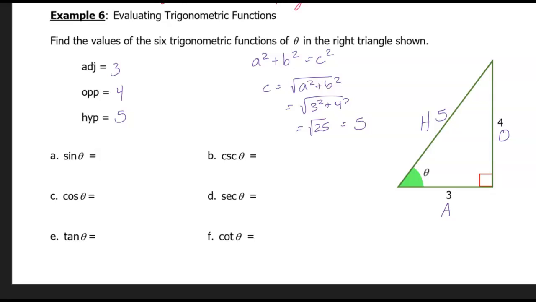Okay, so now we're going to set up these trig ratios. I hate to say it, but personally I hate this type of problem, where they're asking you to set up all 6 trig ratios. Does anyone have an inkling as to why I might hate this? What's the point of this? What are we trying to do actually in this problem?